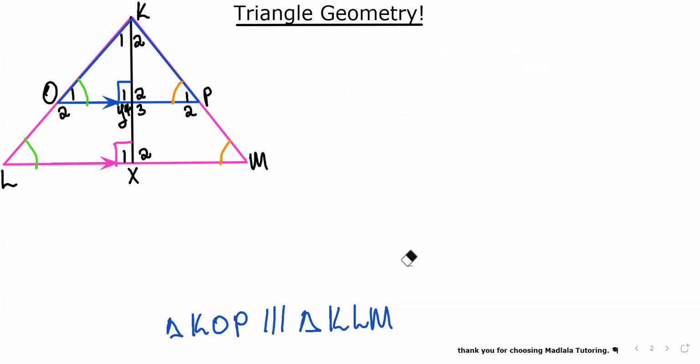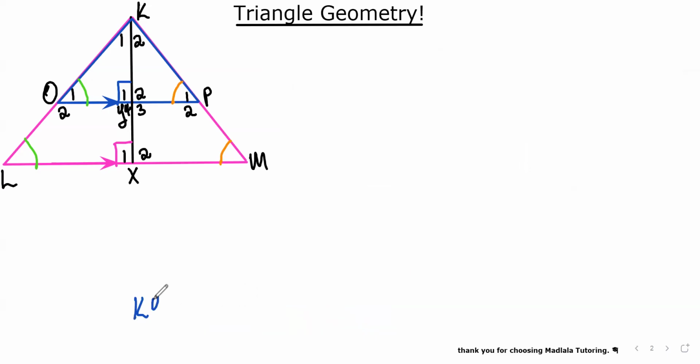So what does the next question say? Well, this is what the next question is saying. It says, please prove that KY is to KX will be equal to OP is to LM. Prove this. Well, that's fine.